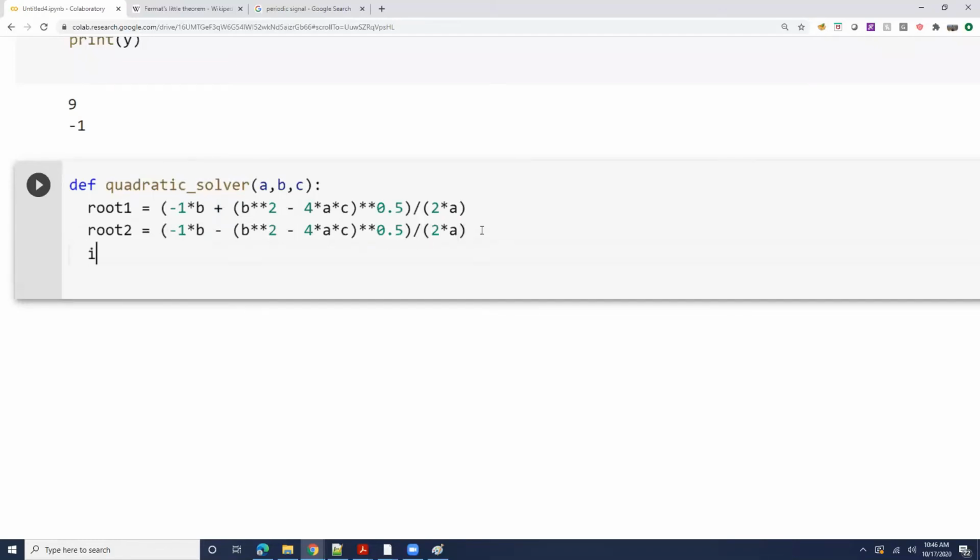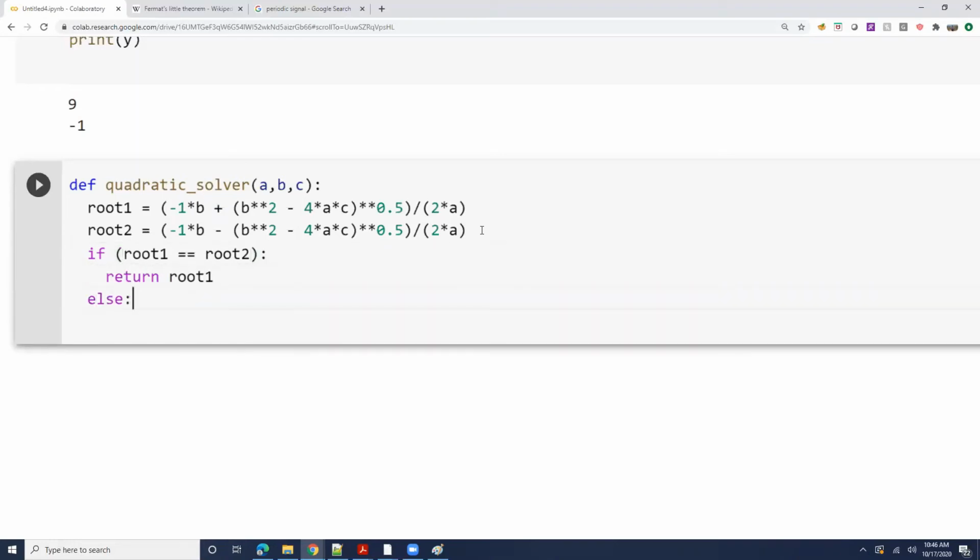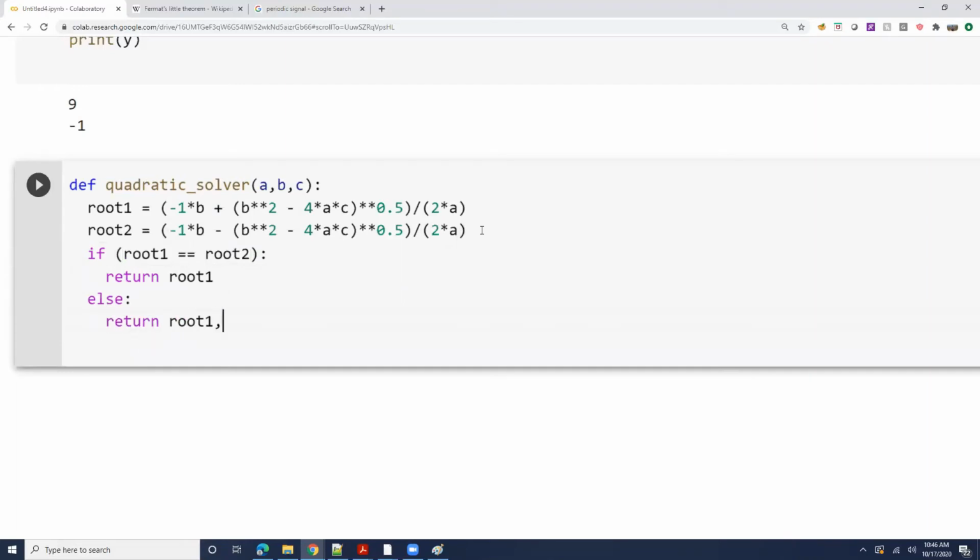Right. So if root 1 equals root 2, return root 1. Else return root 1 comma root 2.